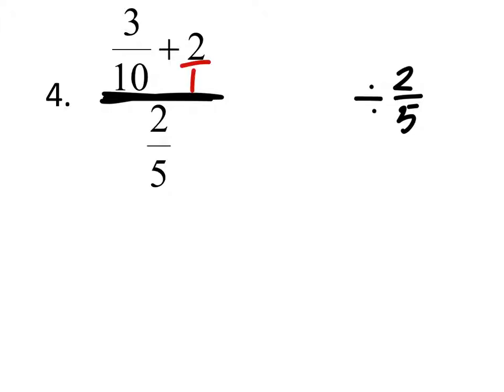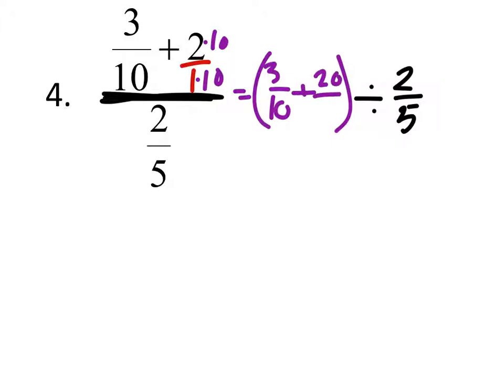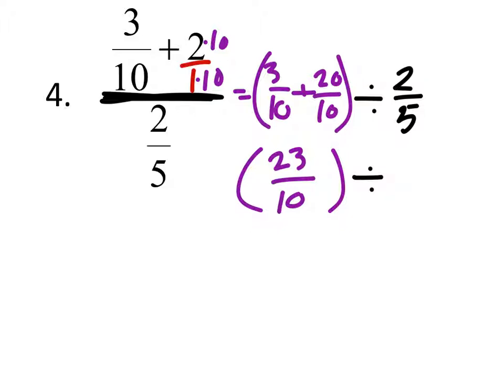Now that's 2 over 1, so the common denominator will be 10. So I have to multiply these by 10. So this equals, and we can put that in parentheses if it helps us see that better, 3 tenths plus 20 tenths, which when I add those, I get 23 tenths. And this is divided by 2/5.